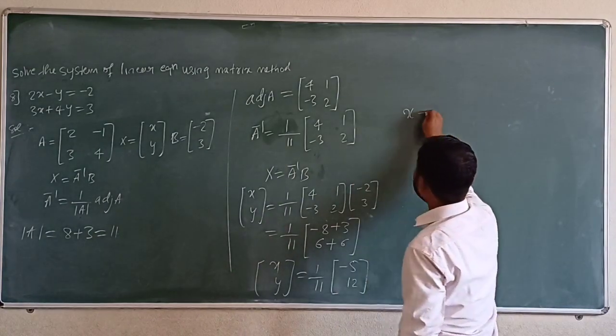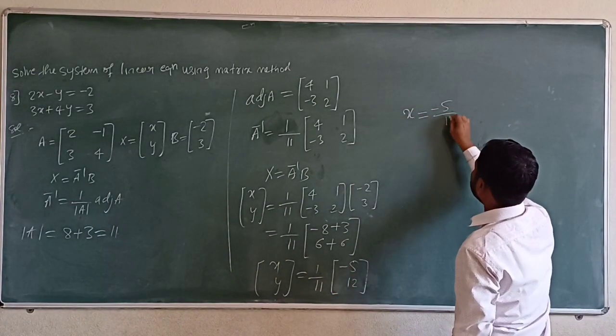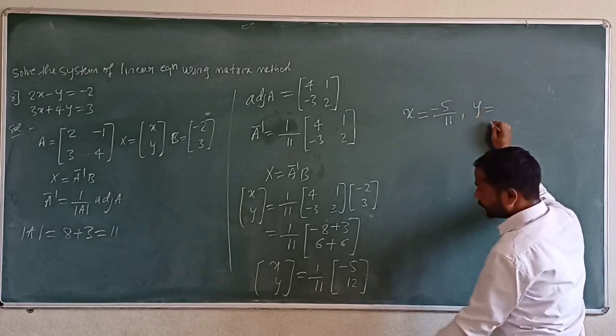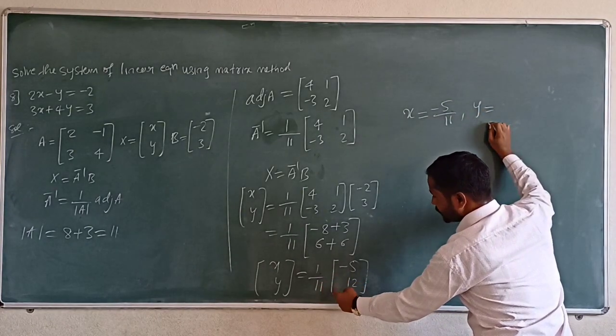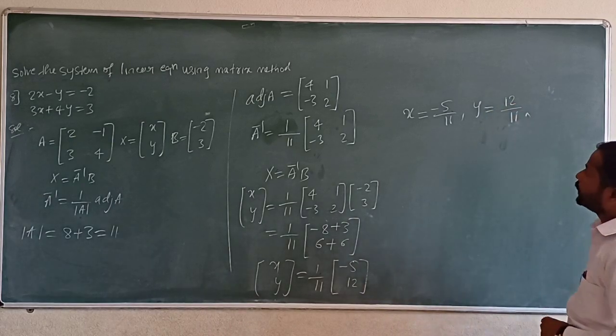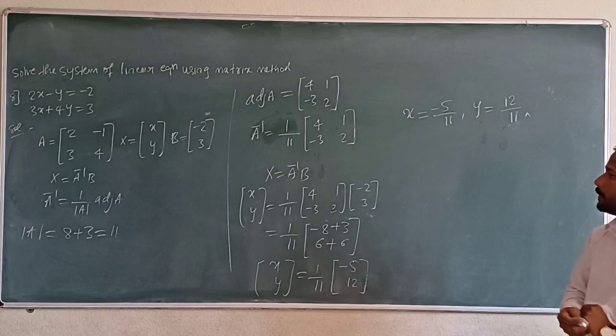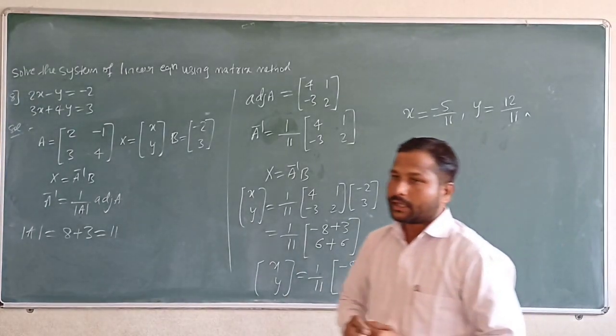So therefore x is equal to minus 5 divided by 11, and y is equal to 12 divided by 11. So x is equal to minus 5 by 11, y is equal to 12 by 11.